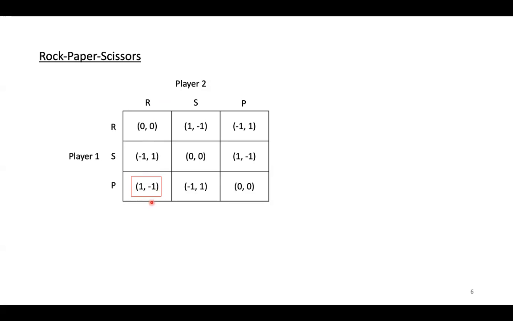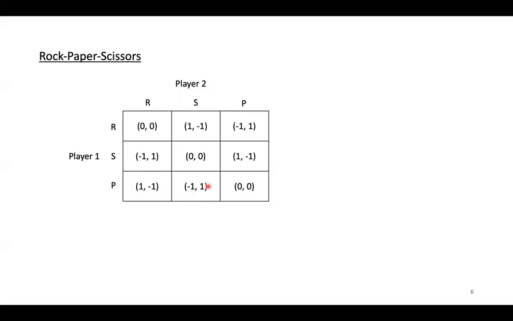But if player 1 is choosing paper, then player 2 can choose scissors, right? Because scissors win over paper. So player 2 will deviate in this situation, but player 1 need not deviate, which means paper, comma, rock is not a Nash equilibrium.